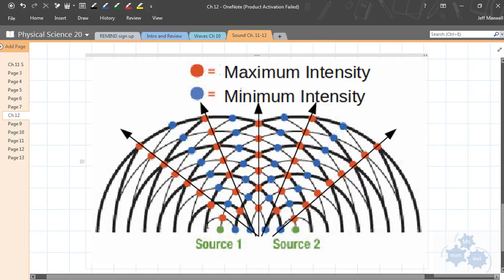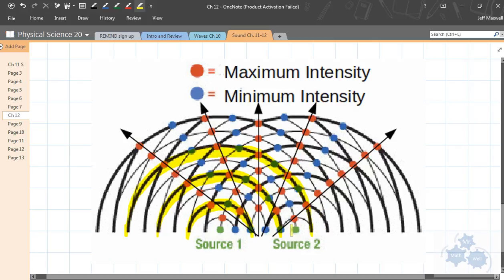If we look here, and I'm going to try to highlight this, if it's dark, we can say that is a crest. There's a crest, and here's another crest for the waves emanating out from source 1. These are the crests that I'm highlighting here.